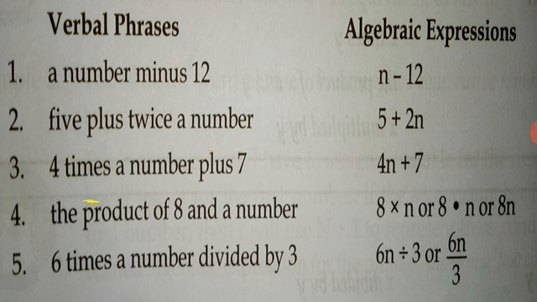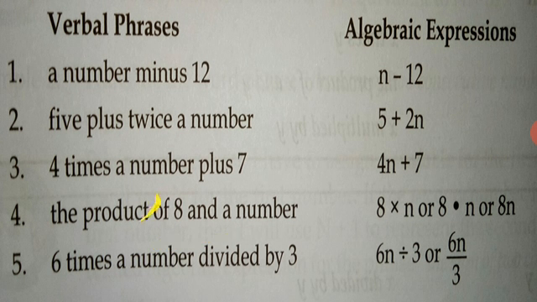Next, 4 times a number plus 7. 4 times means multiplication, a number. So 4 times n, or we can write it as 4n, plus denotes addition, then 7. 4n plus 7. The product of 8 and a number.